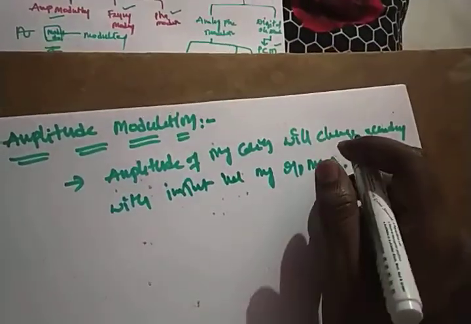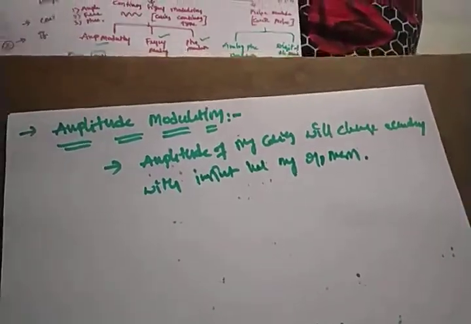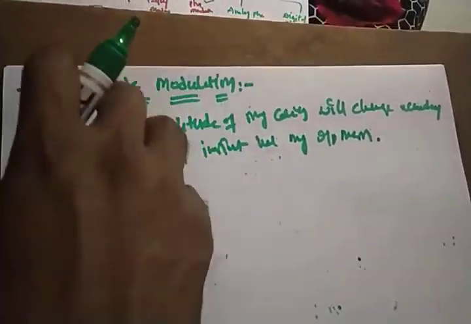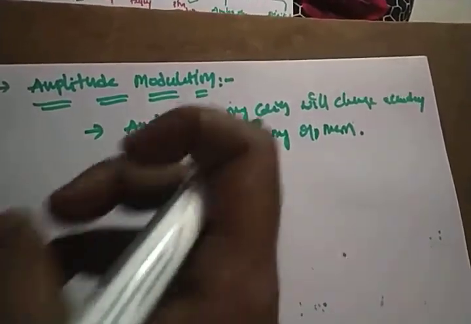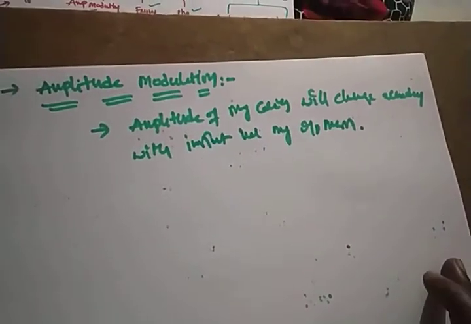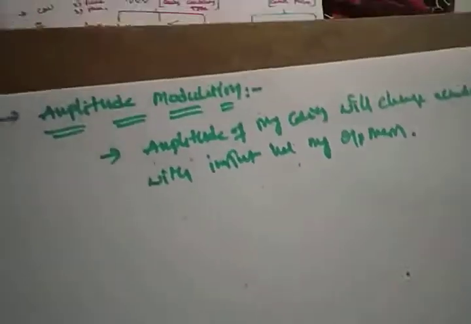That modulation we call amplitude modulation. Amplitude modulation means a high frequency signal is combined, and after that combination, the amplitude of the high frequency signal will be changed. That type of modulation we call amplitude modulation. We'll see how it will happen. I'll clearly explain.